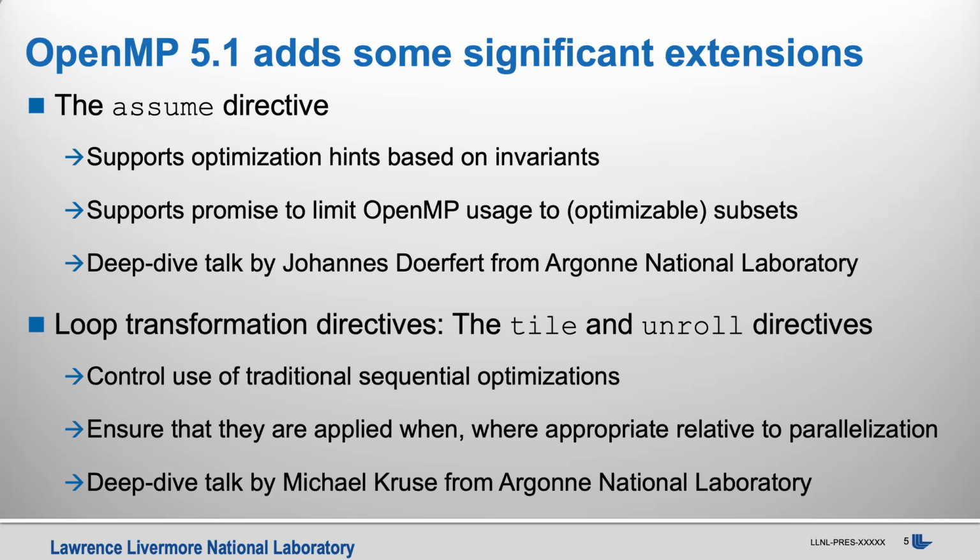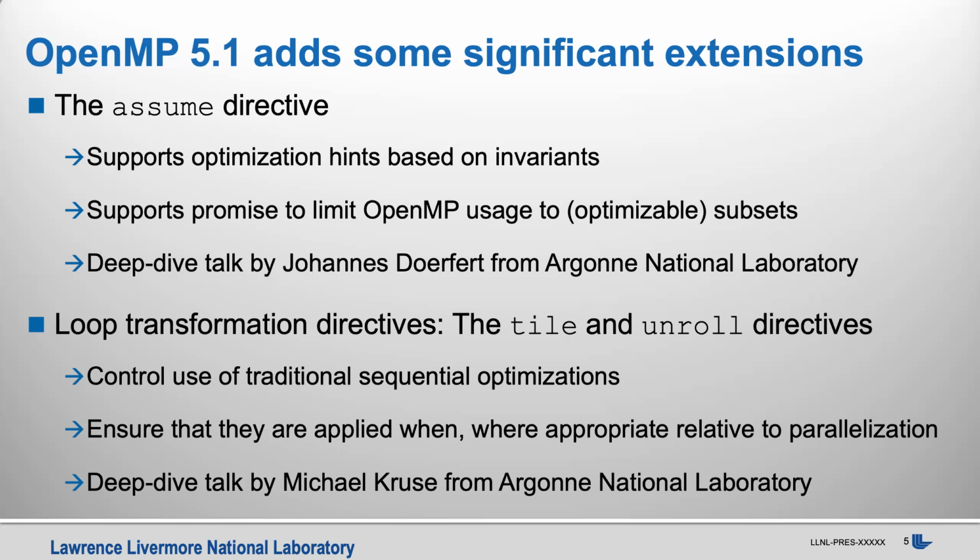So a couple more significant extensions included in OpenMP 5.1. The assume directive is a new directive that allows you to state things that the OpenMP implementation can assume for a specific dynamic context, dynamic scope.